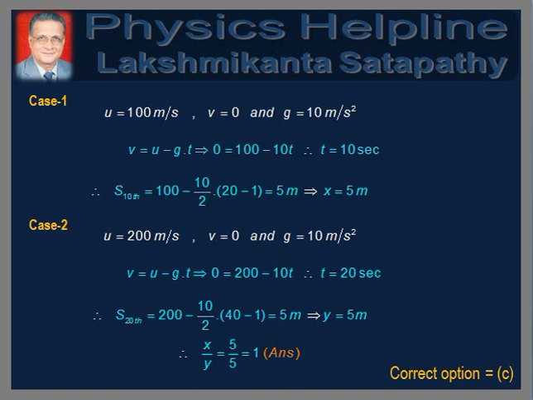Therefore, distance covered in the 20th second is 200 minus 10 by 2 into 40 minus 1, which is equal to 5 meters. Therefore, we have y is equal to 5 meters.